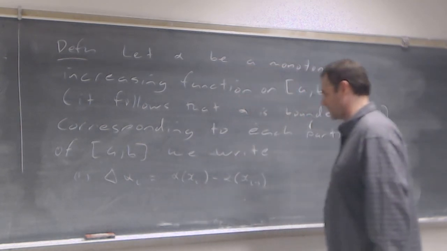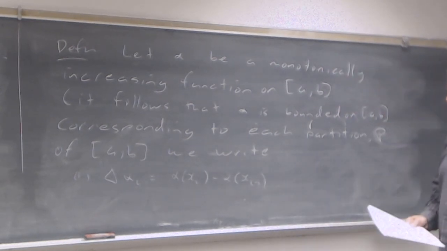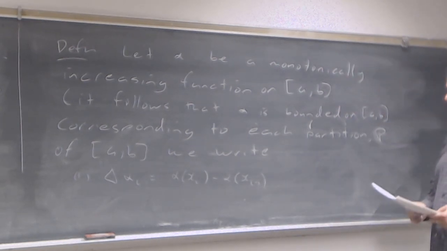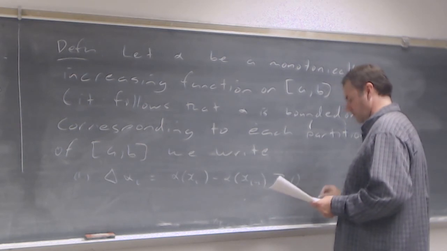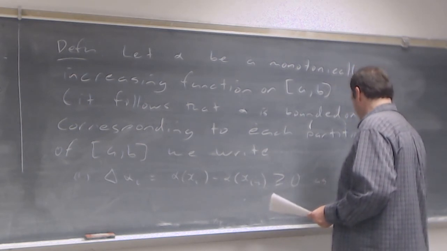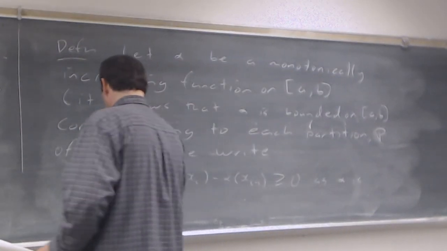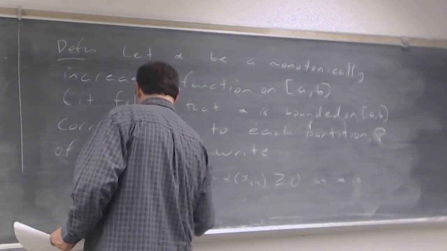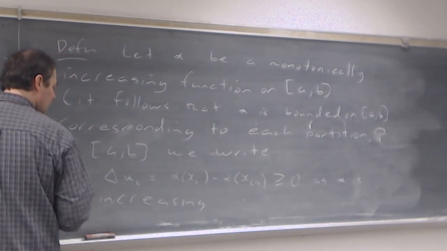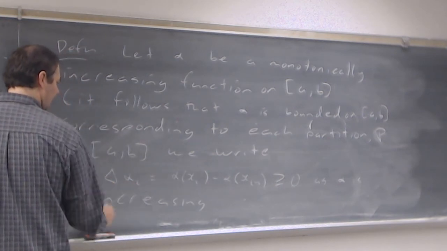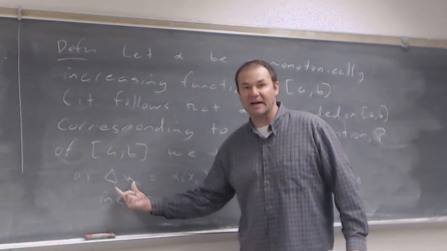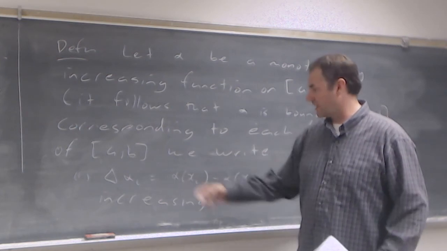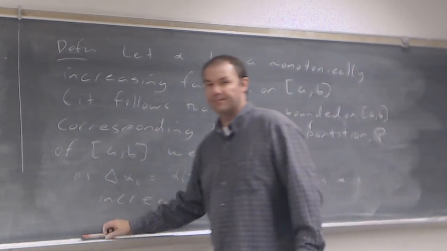And that's going to be a positive number because alpha is increasing and x sub i is bigger than x sub i minus 1. Okay? So again, that's going to be greater than or equal to 0 as alpha is increasing. That's our first definition. That's a little bit more abstract than just delta x sub i, which we had in the Riemann integrals. Okay, so we have the delta alpha sub i.